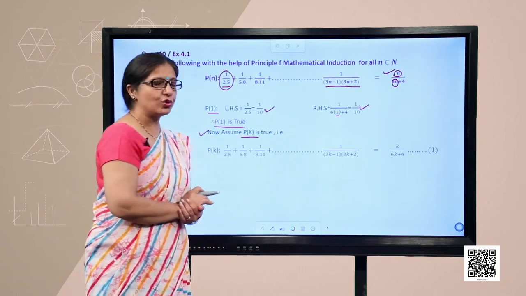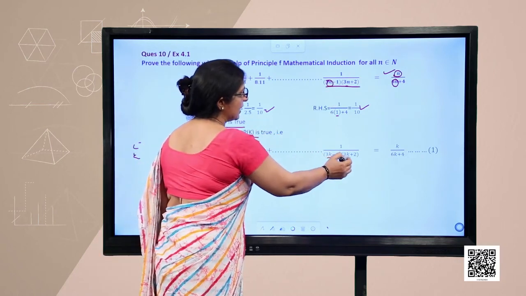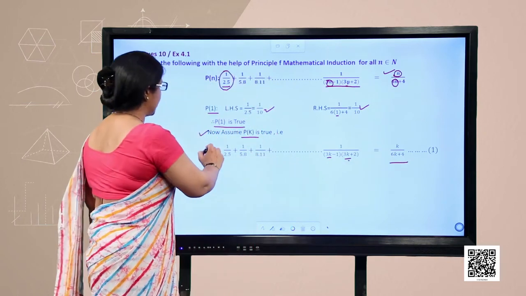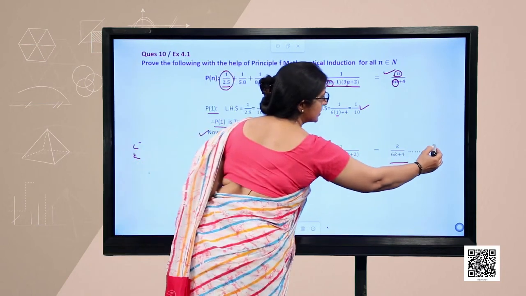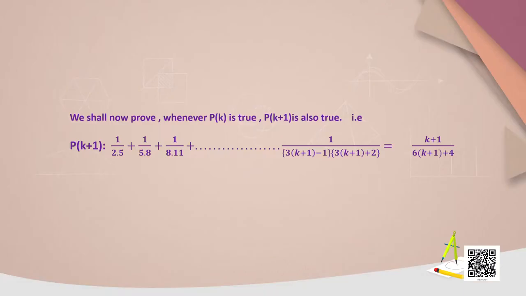What are we required to do here? We will just replace n by k in each step, and this becomes the statement for Pk, which we name equation 1. We will be using it further for proving the statement. We shall now prove whenever Pk is true, Pk plus 1 is also true.